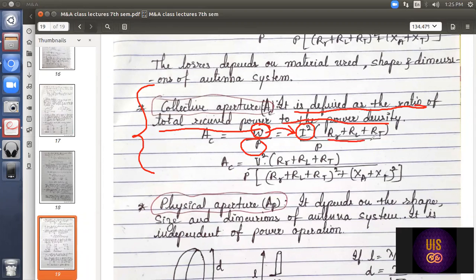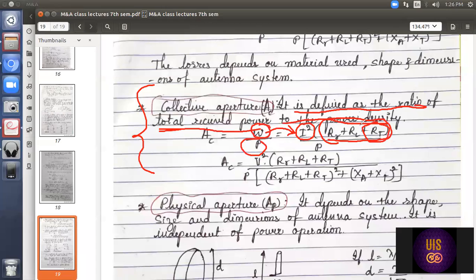This time in R resistance, all three resistances should be considered, because it is a total. We have to take into account the scattering, then loss, and then effective all together when it reaches the load.